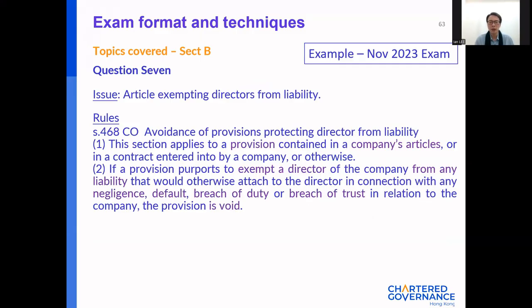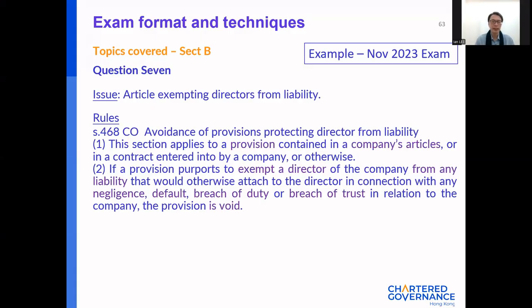So this section applies to the provisions contained in the company's articles. Subsection 2 is if a provision purports to exempt a director of the company from any liability that would otherwise attach to a director in connection with any negligence, default, breach of duty, or breach of trust in relation to the company, the provision is void.